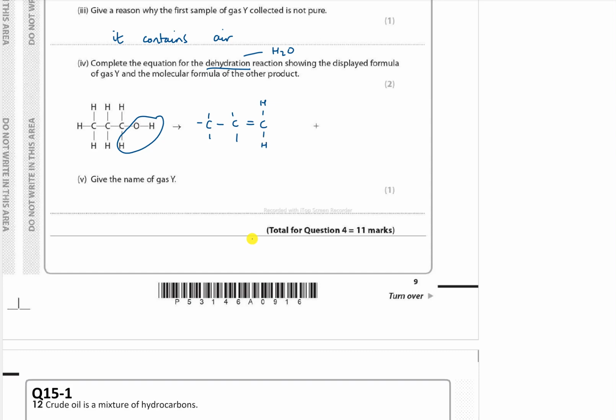So we cannot have a double bond here. So we put a H there, H there, H there, and a H here. Right now, you've got 1, 2, 3 carbons, 1, 2, 3 carbons. We've taken 1, 2, 3, 1, 2, 3, 1, 2, 1.